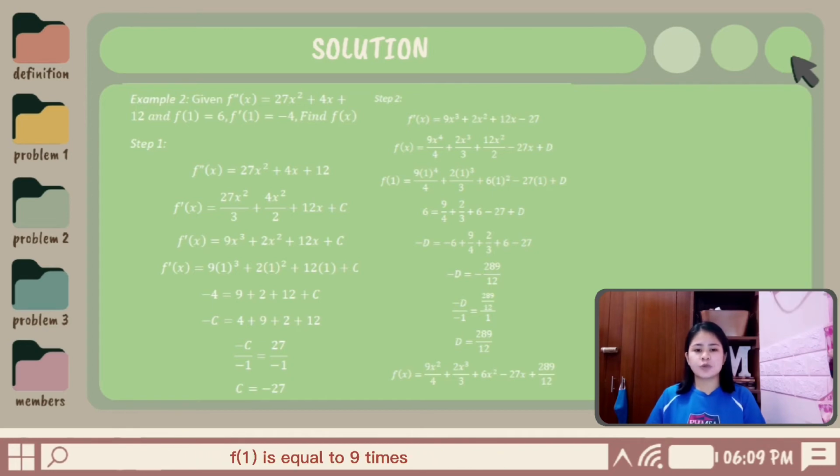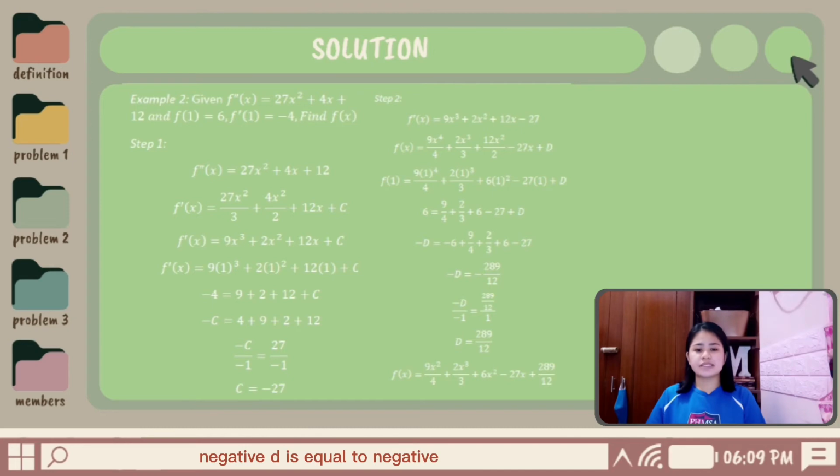F of 1 is equal to 9 times 1 raised to 4 over 4 plus 2 times 1 raised to 3 over 3 plus 12 times 1 raised to 2 over 2 minus 27 times 1 plus d. We will have 9 over 4 plus 2 over 3 plus 6 minus 27 plus d. 6 is equal to 9 over 4 plus 2 over 3 plus 6 minus 27 plus d, since the f of 1 is equal to 6.